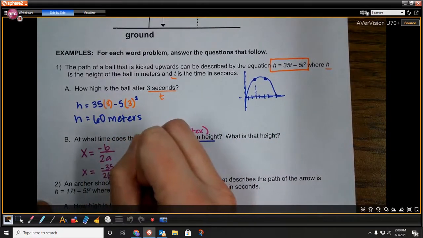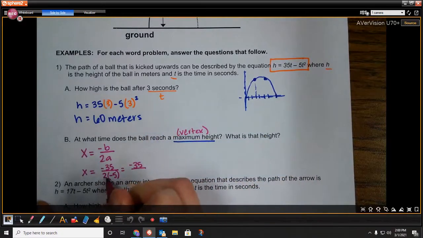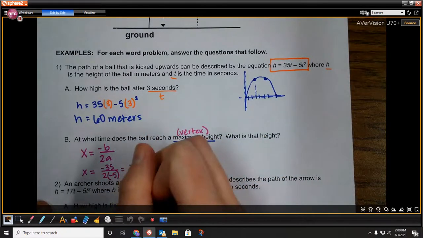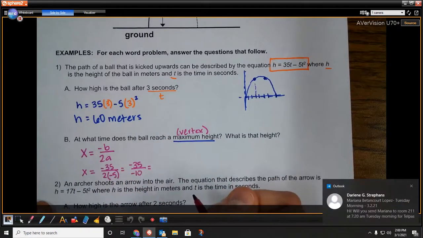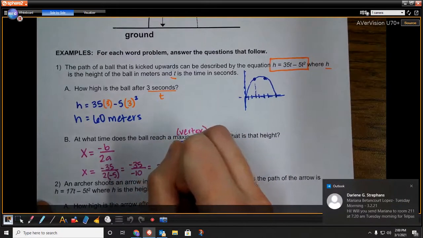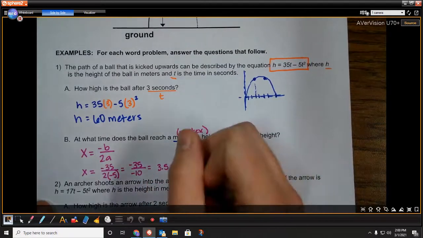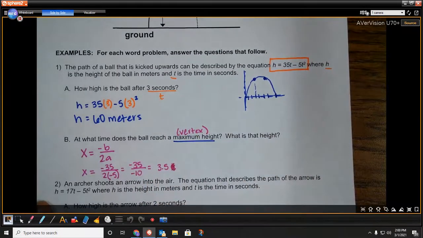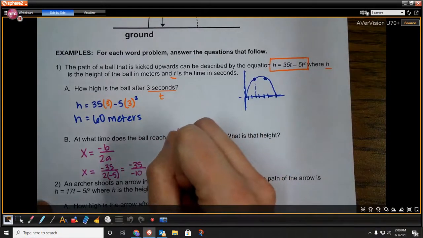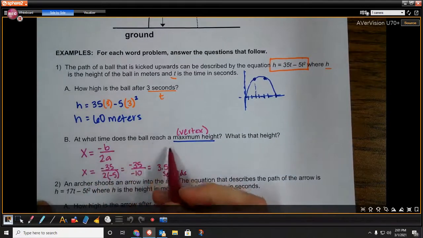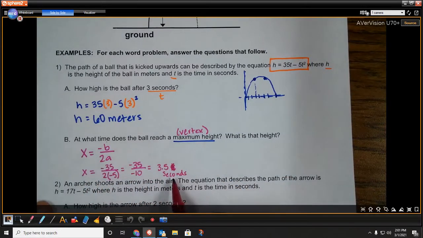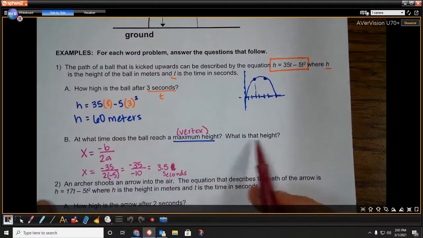So that's going to be negative 35 over negative 10, which would reduce down to t is equal to 3.5. There we go, and that's in seconds. So at what time does the ball reach the maximum height? It's 3.5 seconds.